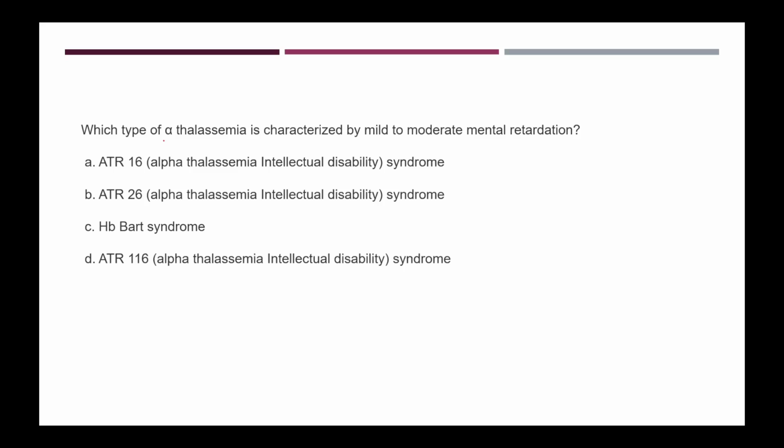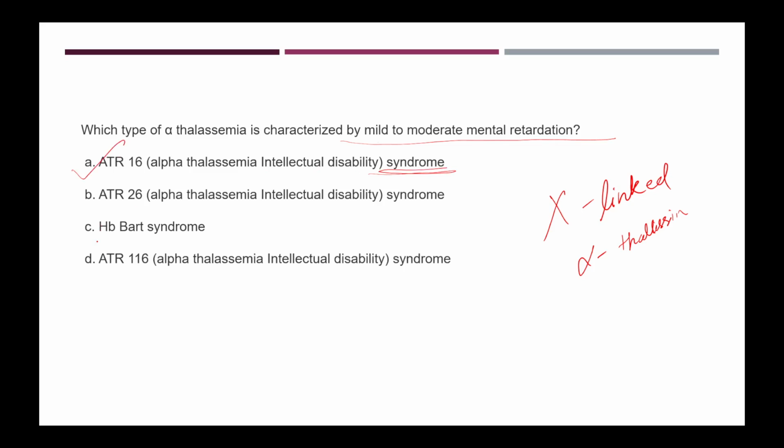Which type of alpha thalassemia is characterized by mild to moderate mental retardation, and is also X-linked? It is ATR-16, the alpha thalassemia intellectual disability syndrome.